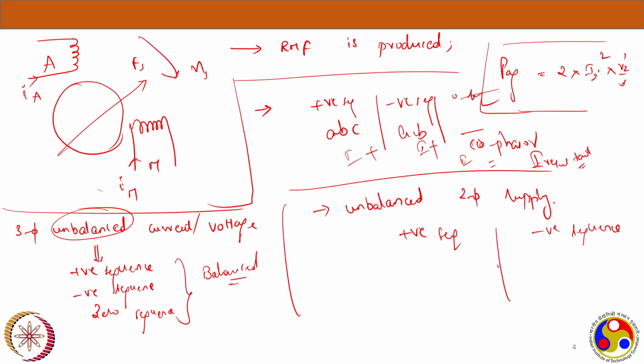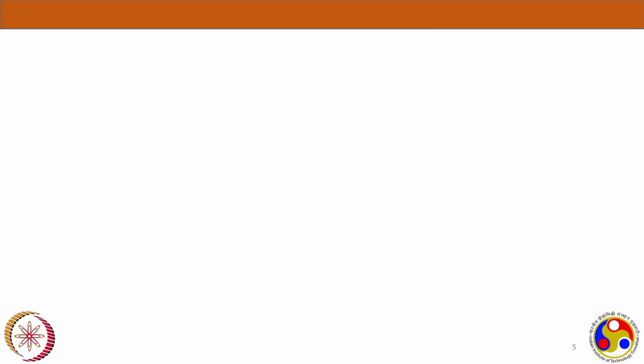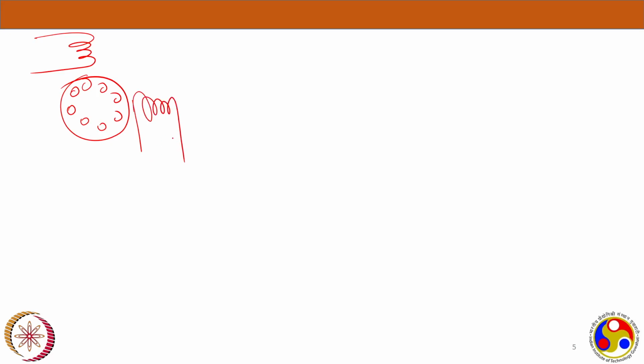Now consider this particular scenario and let's analyze it for a motor having a two-phase unbalanced supply. You have this motor, and you have this auxiliary winding here, sorry, main winding here. I'm passing IM and IA.